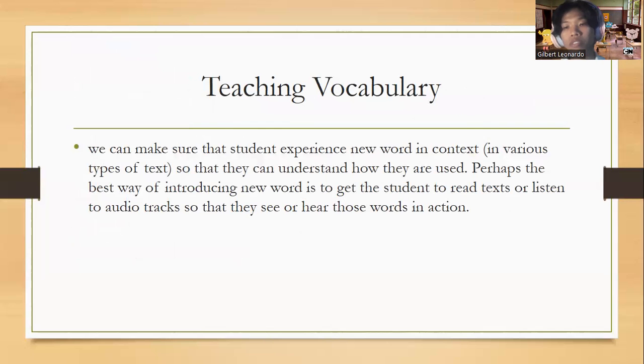Next is teaching vocabulary. So what is vocabulary? Vocabulary is a group of words that, when you gather them with grammar, makes a sentence. So we can make sure that students experience new words in context in various types of text so that they can understand how they are used.